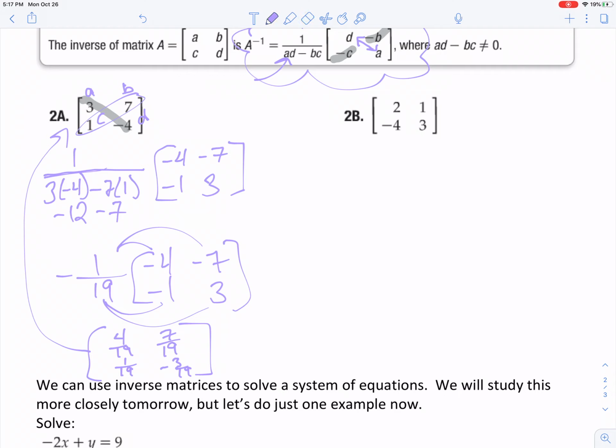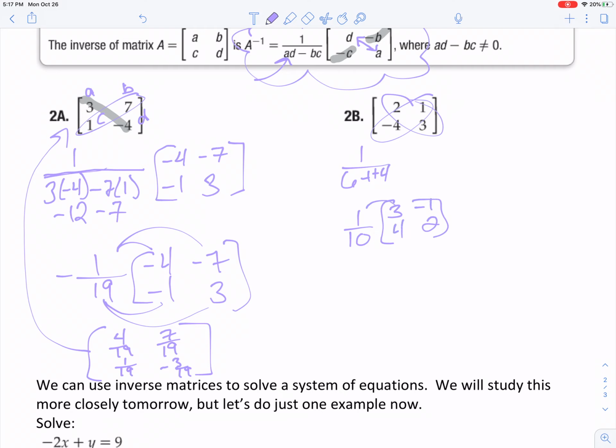So let me do one more. This time I'm going to kind of do it a little faster though. So 1 over, it's just a determinant. 2 times 3 is 6, minus 1 times negative 4 is negative 4. Double negative, so it's 1/10. Swap this diagonal, 3, 2. Make this diagonal opposite signs. Negative 1, positive 4.